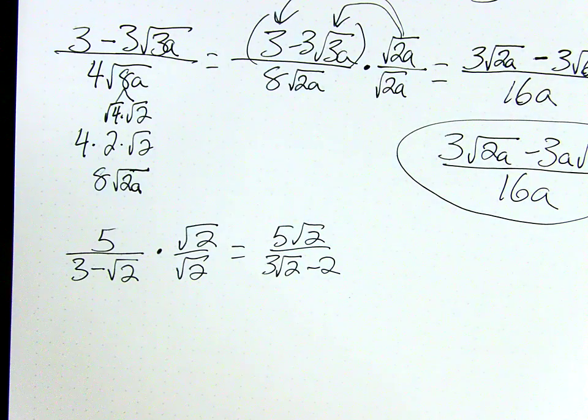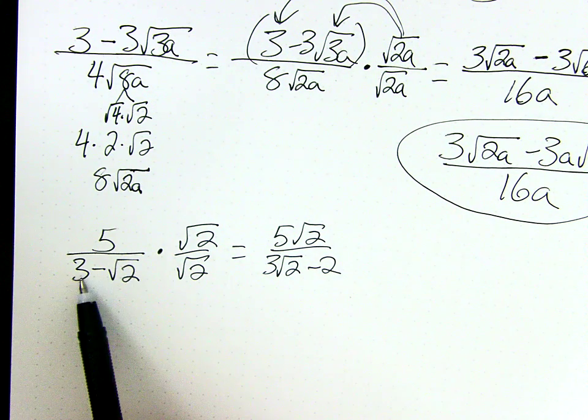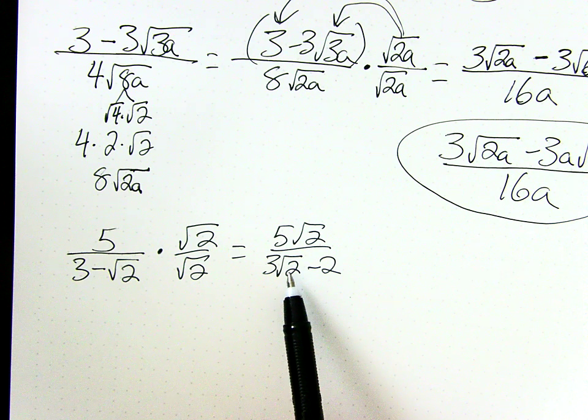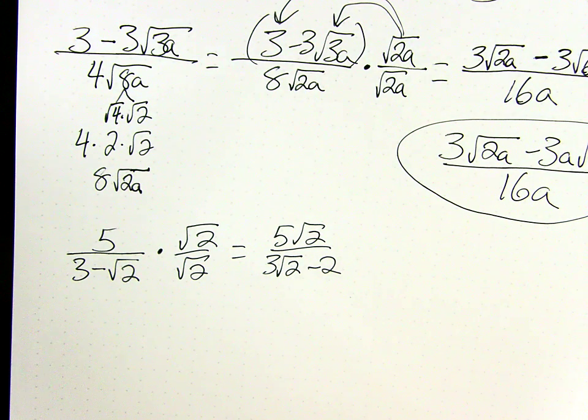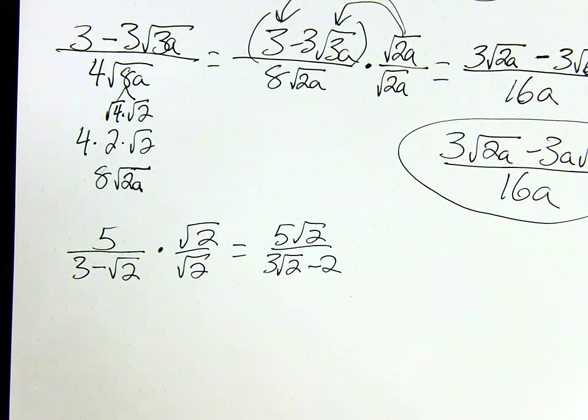Did you get rid of the square root in the denominator? No, you just moved it from this side to this side. It's still there. If you tried to multiply again by a square root of 2, you're not going to get anywhere. It's not going to ever get rid of the square root in the denominator.